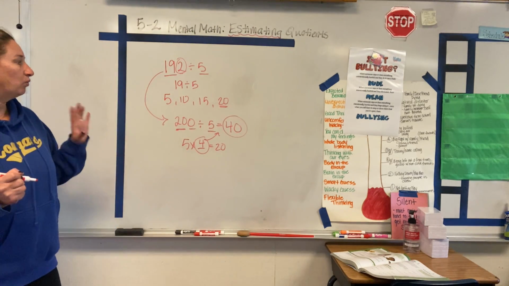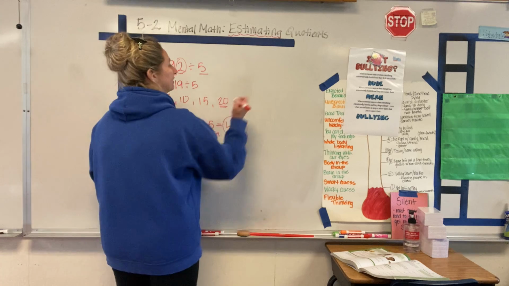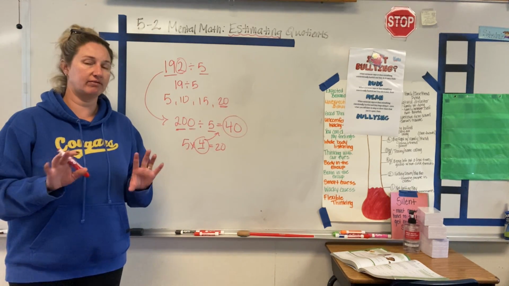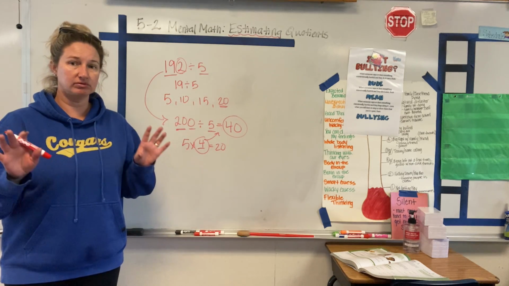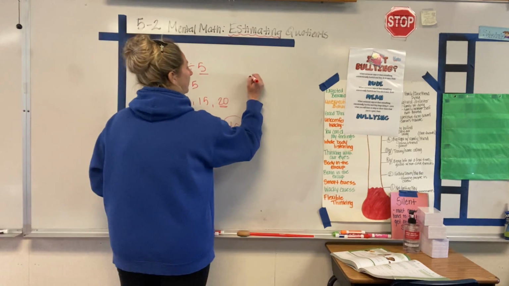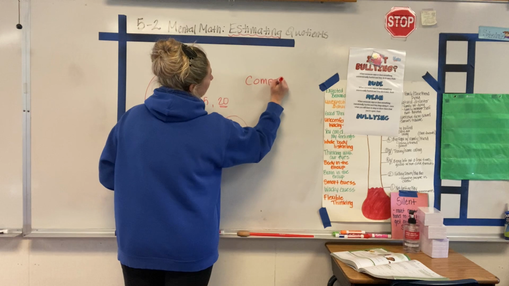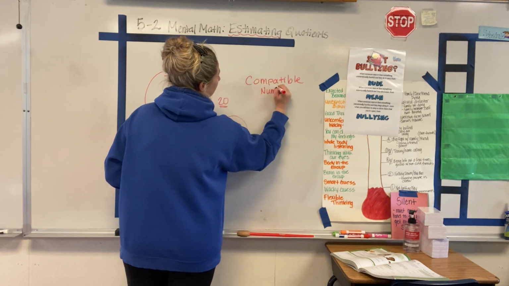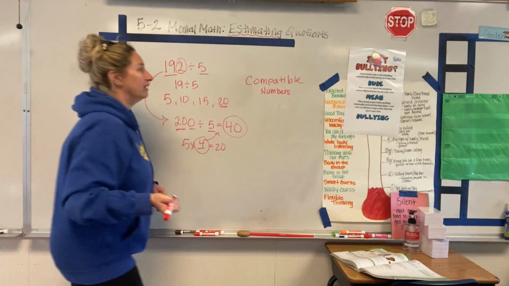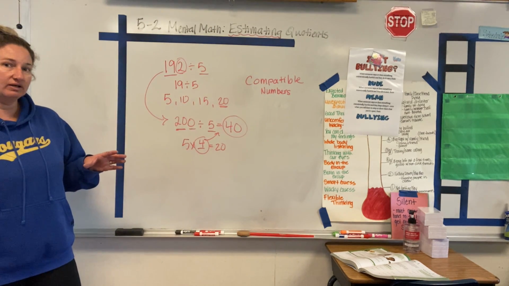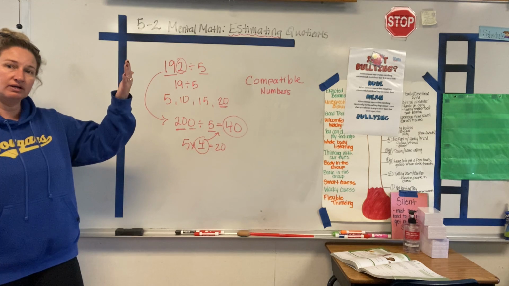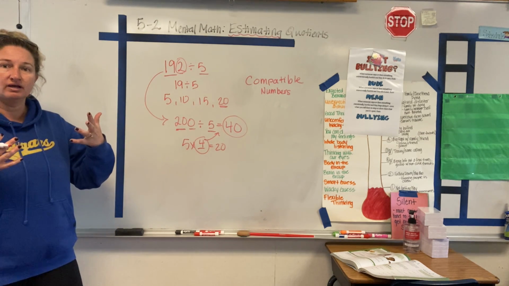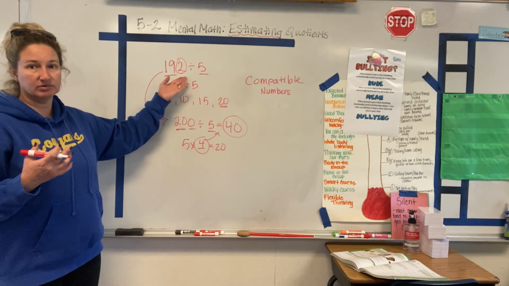What I'm finding here is I'm not rounding. We have to make that clear. I'm not rounding. I'm finding compatible numbers. If I was rounding, I would be going up or down to the nearest 100 or the nearest 10, depending on the next number over.